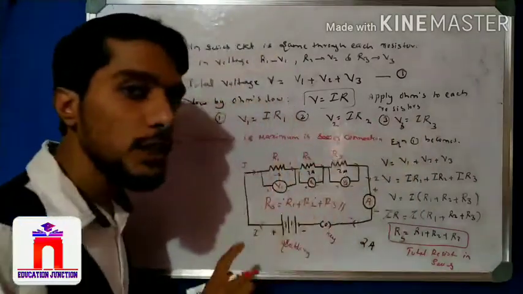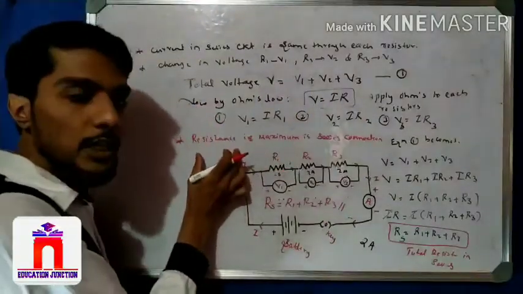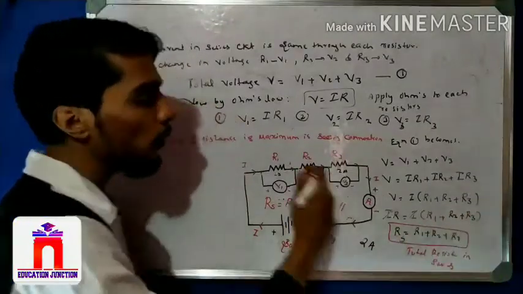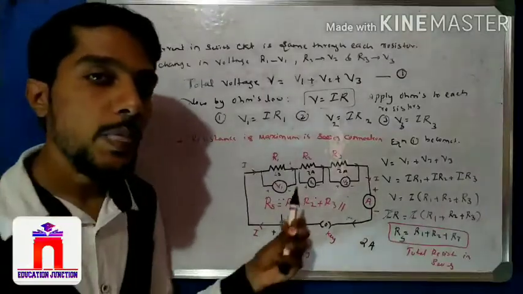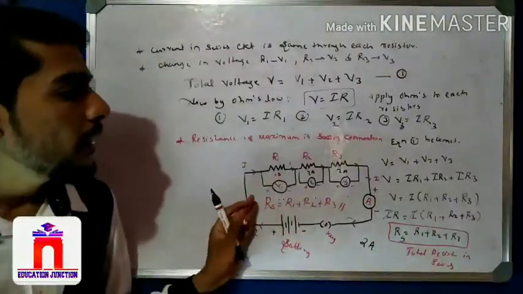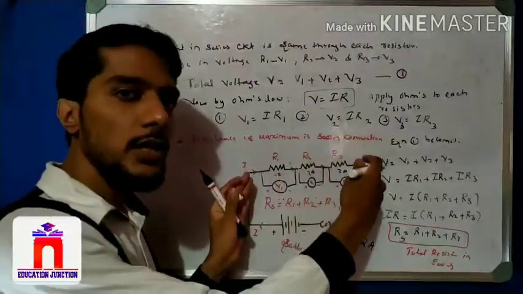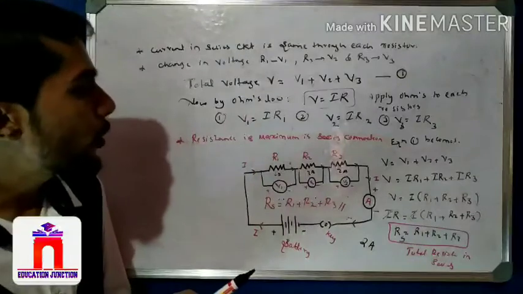When we connect the resistances in series, they add up one by one, so there is maximum resistance in the series circuit, and there is more loss of current. When we connect more resistances in series, there is more loss of current. That is a very important point to remember.